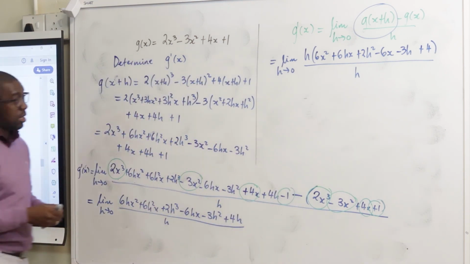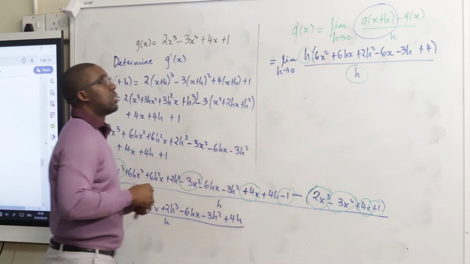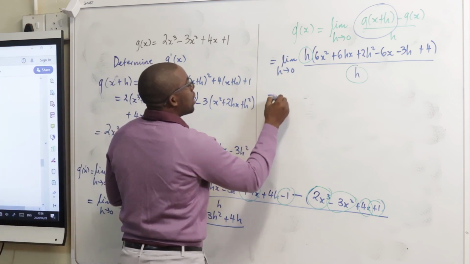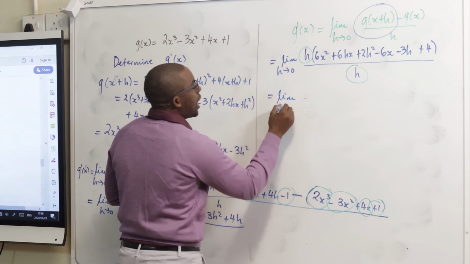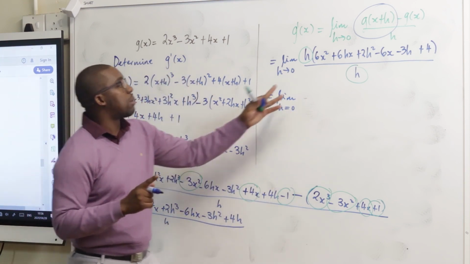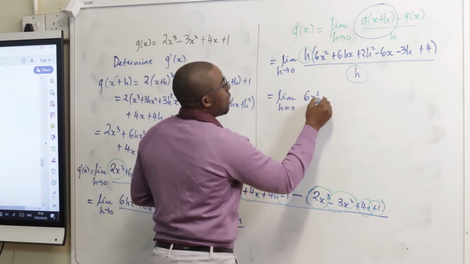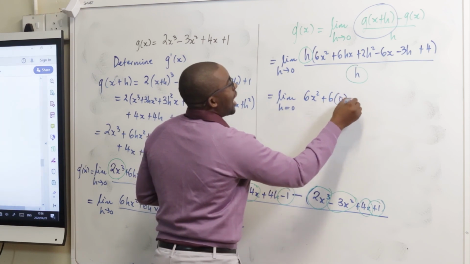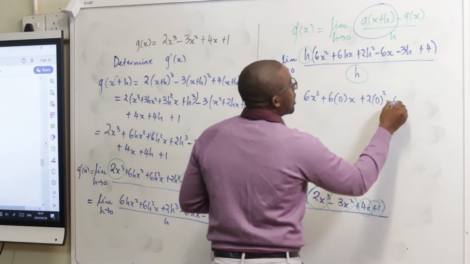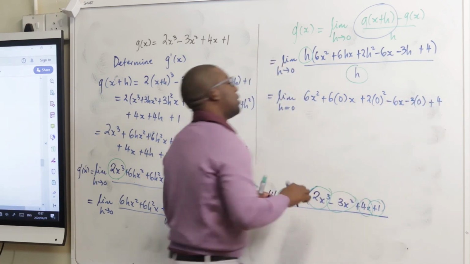Yet again, this h is going to cancel that h. When it does that, we are now left with a scenario whereby we can say h is equal to 0. Any remaining h is going to be substituted as a 0. So we're left with 6x squared plus 6 times 0 times x plus 2 times 0 squared minus 6x minus 3 times 0 plus 4.